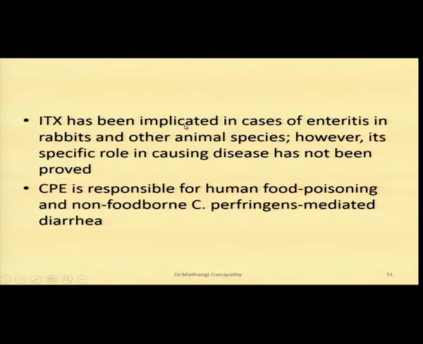ITX has been implicated in cases of enteritis in rabbits and other animal species, but whether it has a role in causing disease has not been proved yet. CPE is responsible for human food poisoning as well as non-foodborne Clostridium perfringens mediated diarrhea. NetB is the cause of necrotic enteritis in chicken.